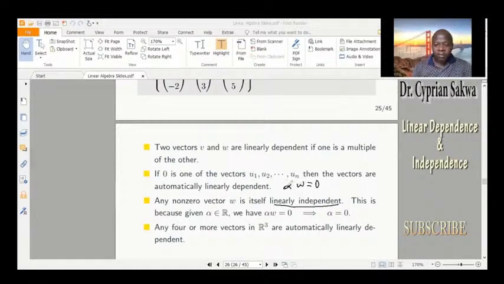So the only scalar we have there is alpha, and it's equal to 0. So it means that vector w is linearly independent.